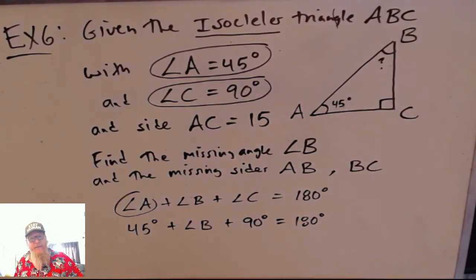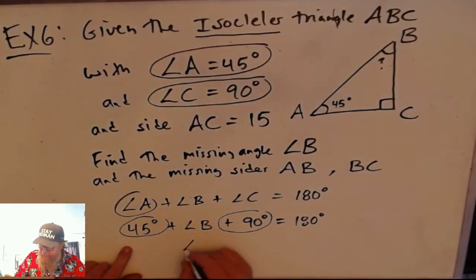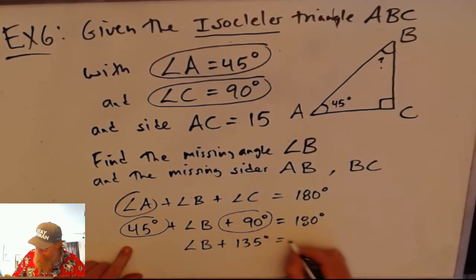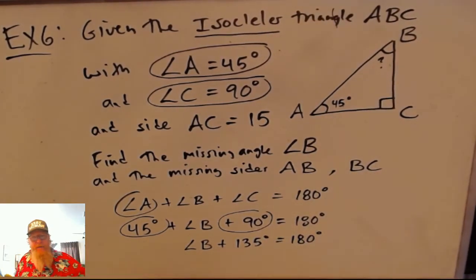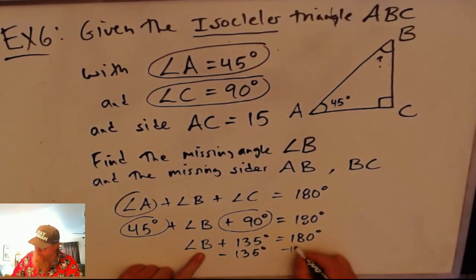So if you add up the 90 and the 45, you're going to get 135. And now you're trying to figure out the missing angle B. Subtract 135.